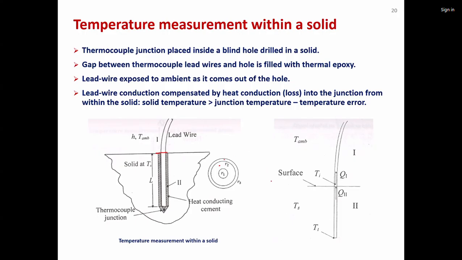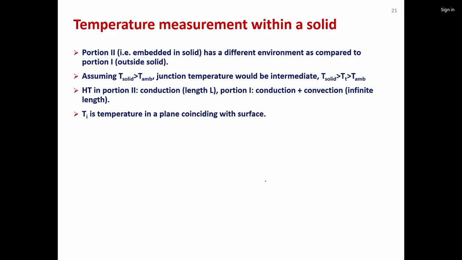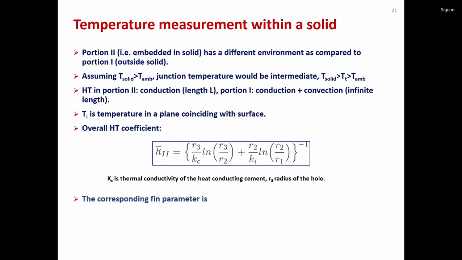To find the equivalent heat transfer coefficient in region 2, it is like the previous case: R3 over the thermal conductivity of the cement, ln R3 over R2, plus R2 over the insulation layer, ln R2 over R1.